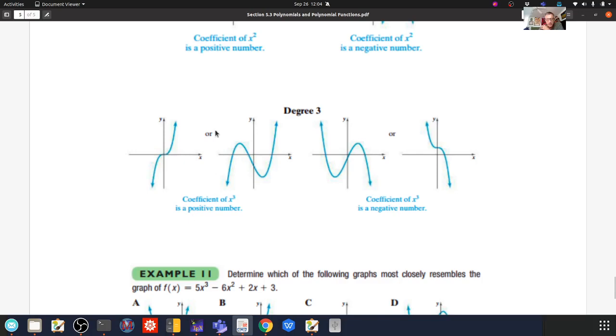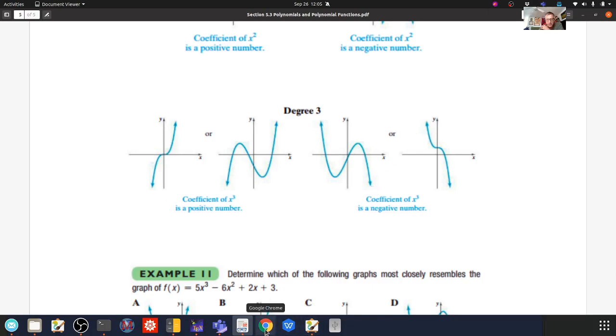So if the coefficient of x cubed is positive, then it exits the graph in the first quadrant and the third quadrant. If the coefficient is negative, the ends of the graph exit in the second and the fourth quadrant.